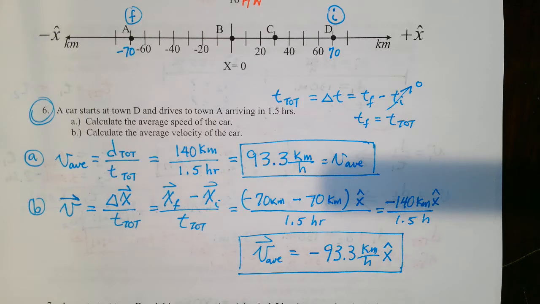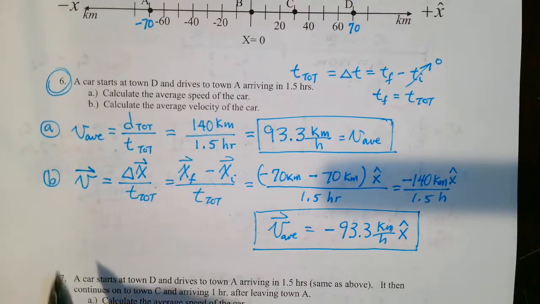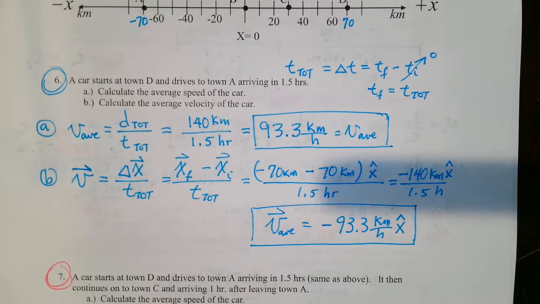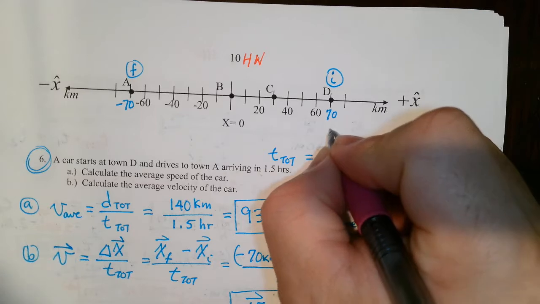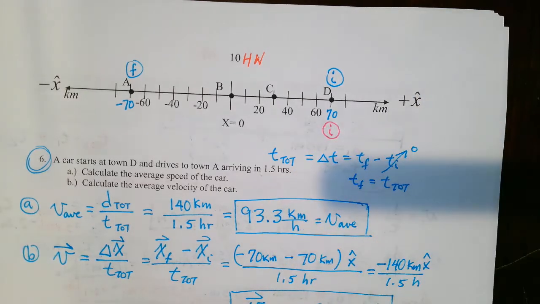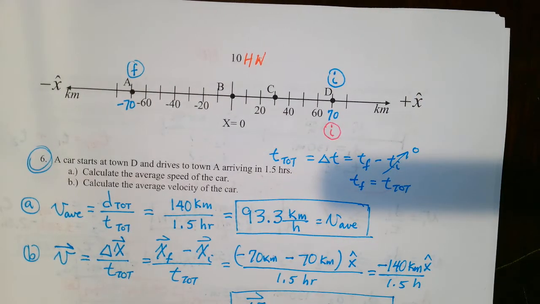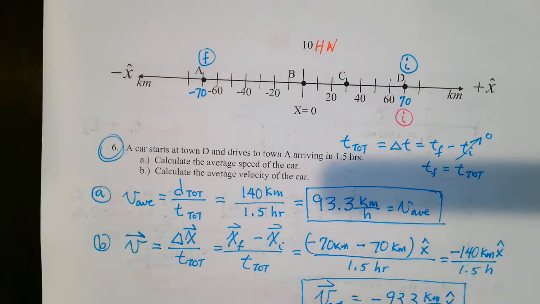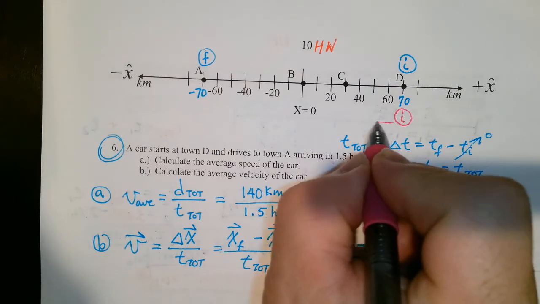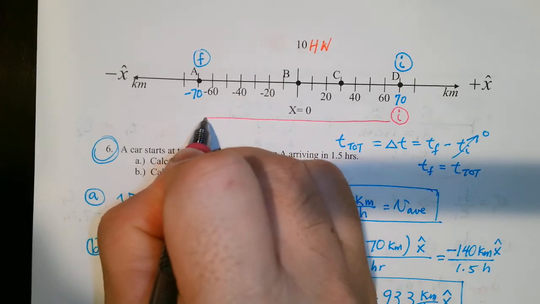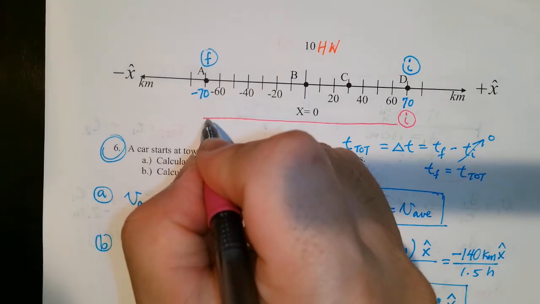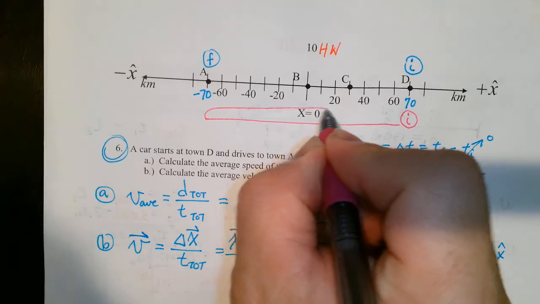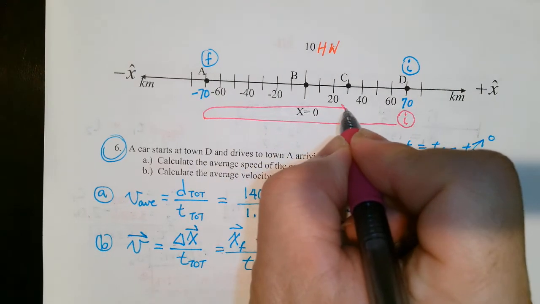Now, for number 7, I will do it in pink. So the car starts at town D again. So it starts here. This is the initial. It drives to town A, arriving 1.5 hours later. Just like before, it drives all the way to here in 1.5 hours. And then continues on to town C. So here is where we end up.